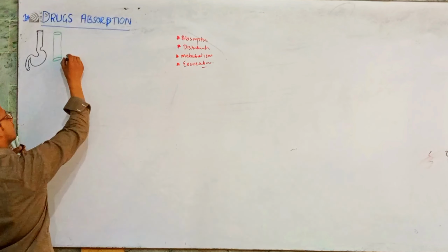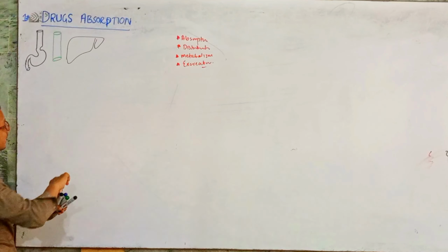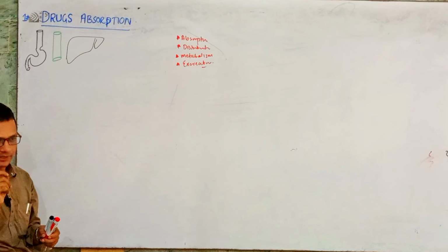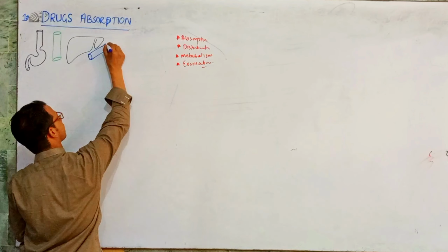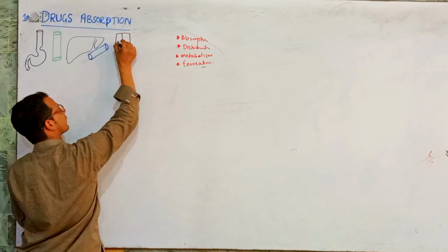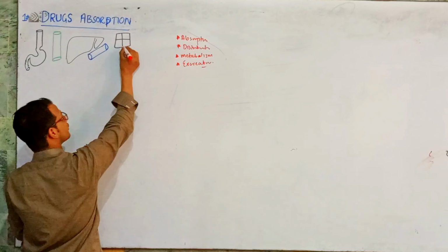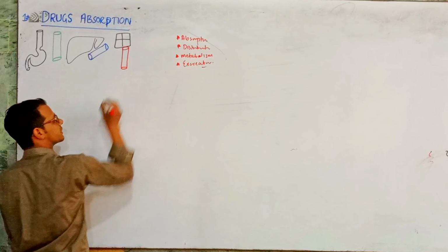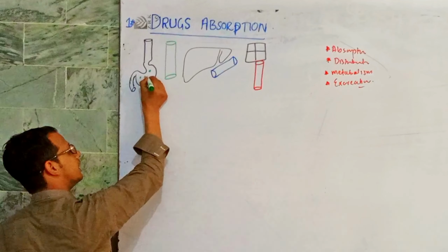After portal circulation, it will go to the liver, and from the liver it will go into the venous blood, the hepatic vein, which follows the route from liver to heart. For example, this is the heart, and after entering the heart, from the left ventricle it will be added into systemic circulation, right? For example, we have taken a drug orally.